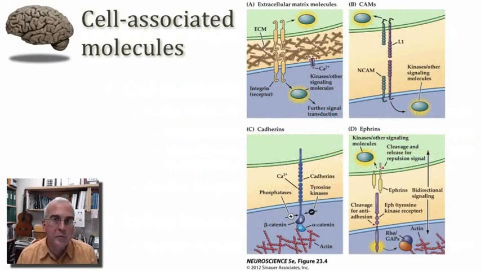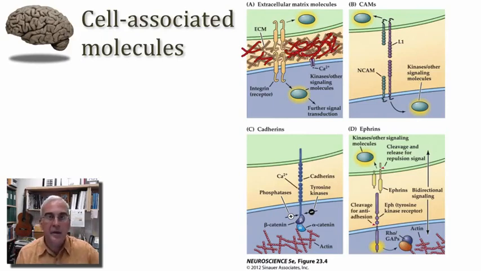So here's a figure that just illustrates some of the important cell-associated molecules that we know about, beginning with those that are associated with the extracellular matrix. So here is a representation of that matrix, and the idea is that there are proteins and other kinds of molecules that present sort of a fibrous matrix in the extracellular spaces.